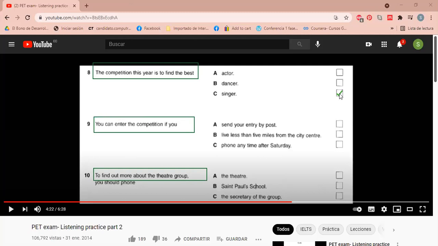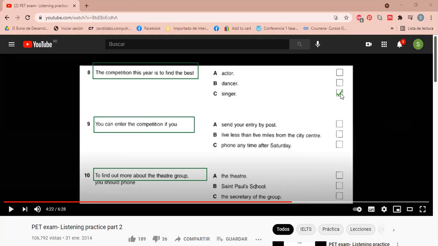Sí, nos hablaba de lo que se eligió el año pasado, de lo que se va a elegir el año que viene y de lo que estábamos eligiendo este año, que era singer, right? The best singer, letter C. What about number 9? You can enter the competition if you A, B, or C. Okay, I have some B's.